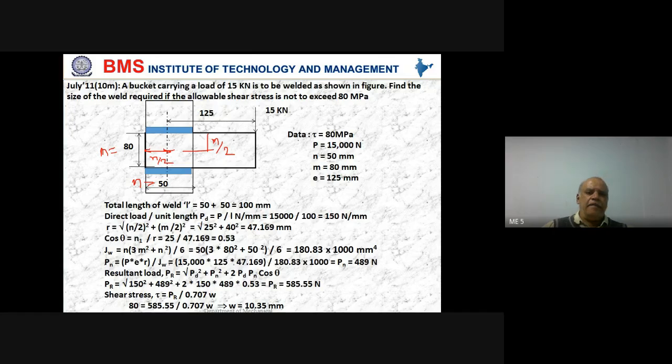Okay? Are you getting this size of the weld? Anybody? Any doubt?